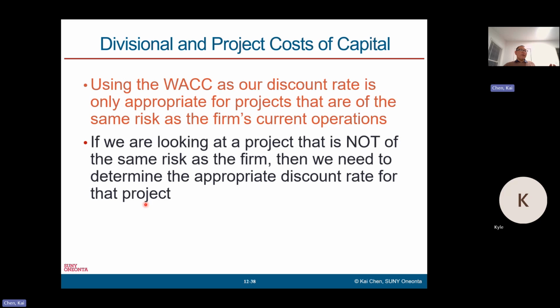Sometimes the project's risk is higher or lower than the overall risk level of the operating assets of the firm. In this case, we have to be careful. If we just apply the WACC as a discount rate to make the decision about whether to accept a project or not, then we would make a mistake.